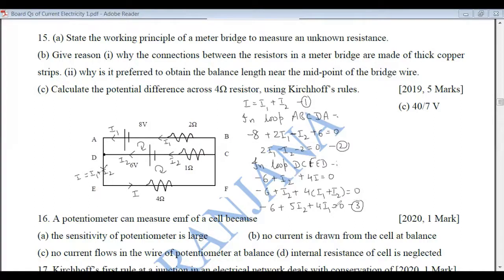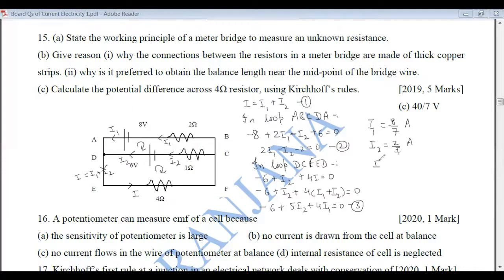Now simplifying equation number 2 and equation number 3, we'll get I1 and I2, which we can substitute in equation number 1 to get I. On simplifying, we get I1 is equal to 8 upon 7 ampere, and I2 is equal to 2 by 7 ampere.